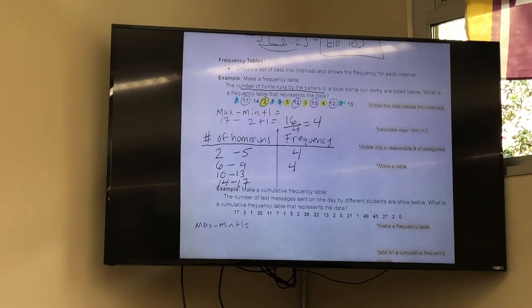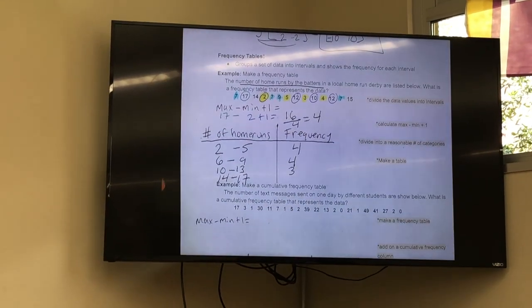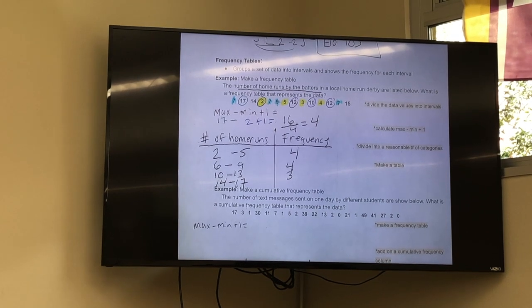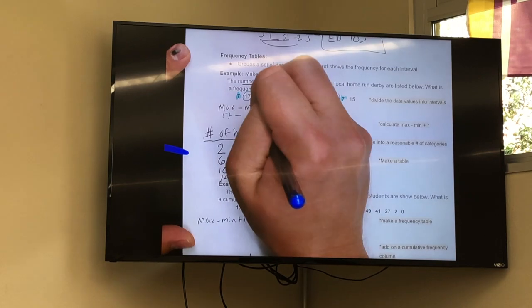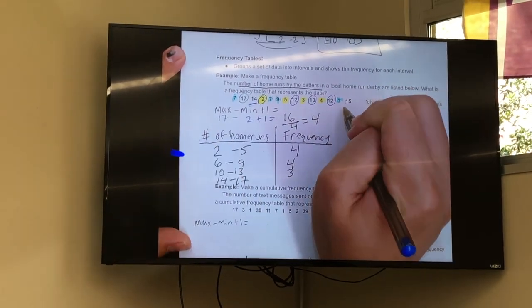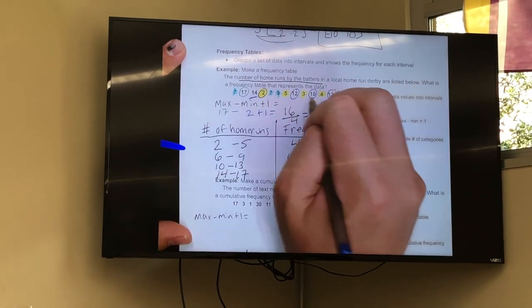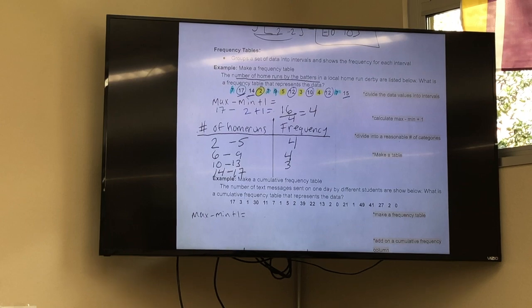I counted 3 numbers. And then we're looking 14 through 17. 14 and 15, where's my last one? And the 17. Okay, so again, there was 3 of those.